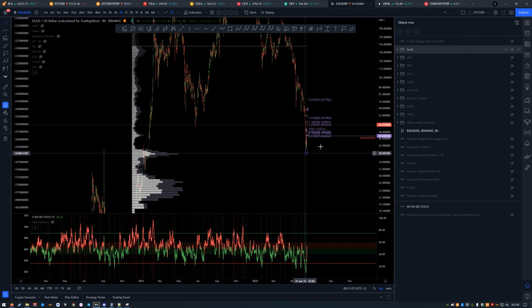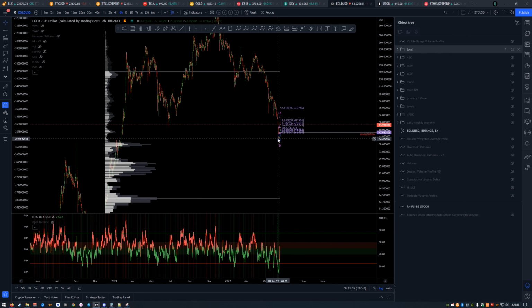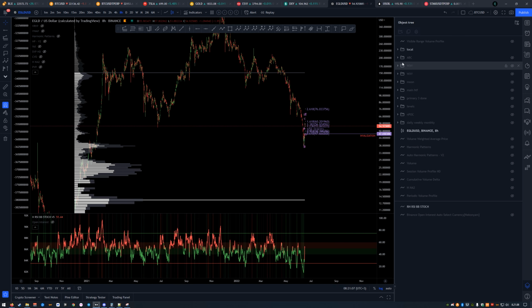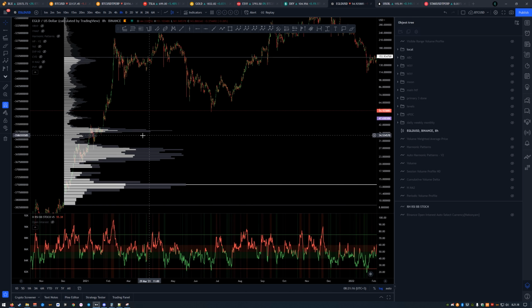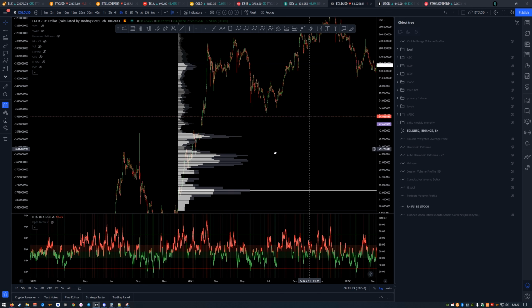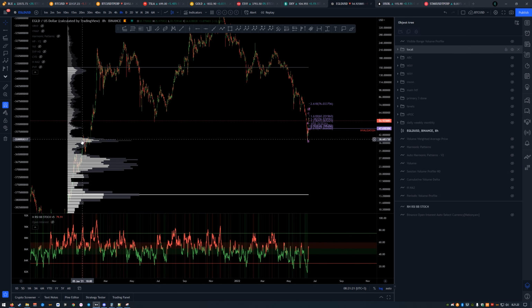Okay, before getting into that local stuff, let's take a look at where we actually ended this whole structure. So we had this volume profile and a large amount of volume right here. So around January 2021, we had lots of volume on this small bit of price action. So that is exactly where we pivoted. Now, if we are saying this is a wave 4 of something, then we could be expecting wave 5 to dump below this high volume node.